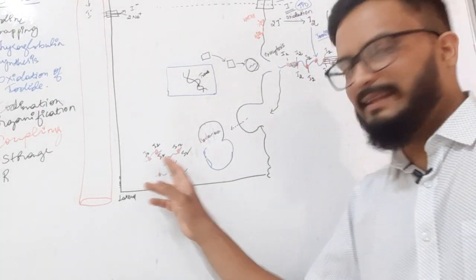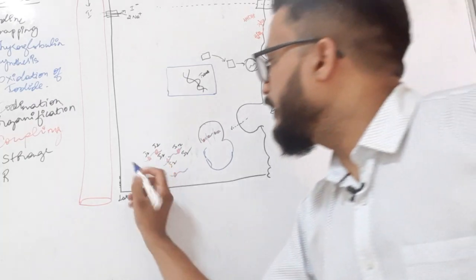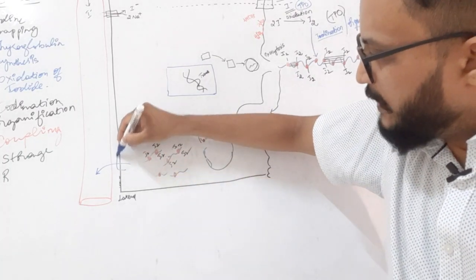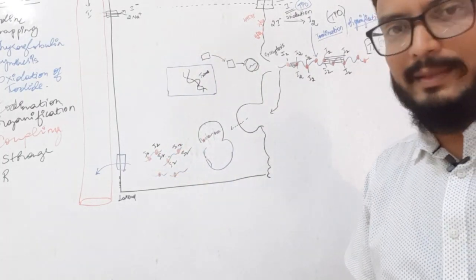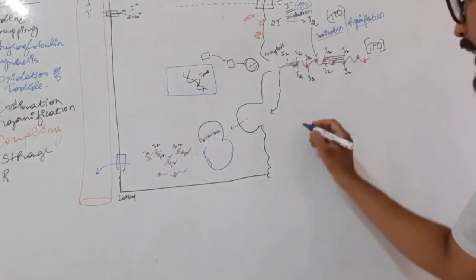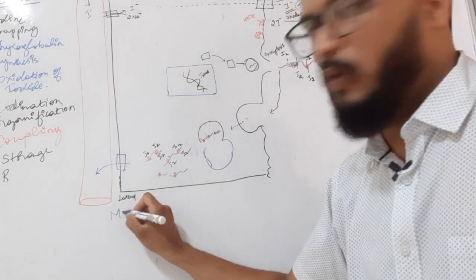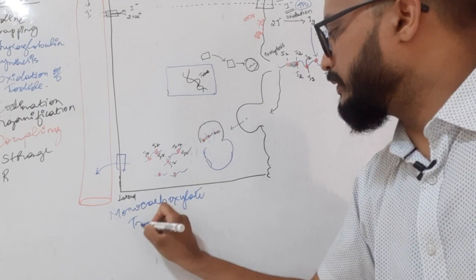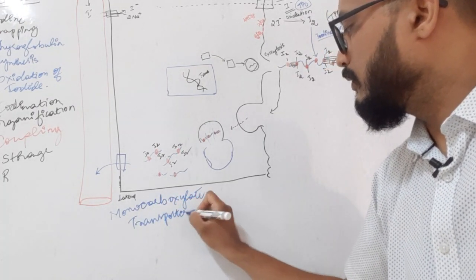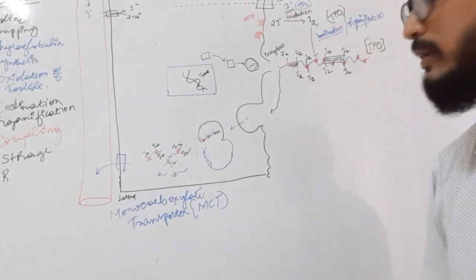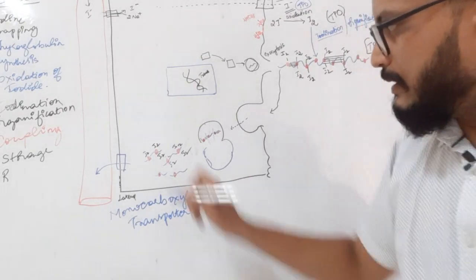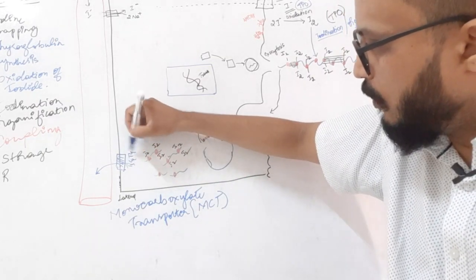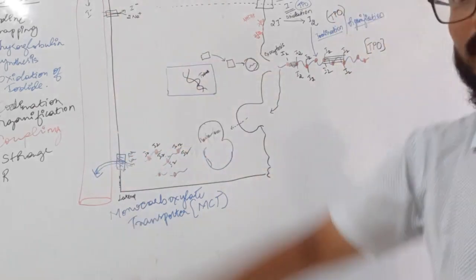The T3 and T4 that are produced will come out to the blood circulation. We have a specialized transporter present on the basal surface, referred to as the monocarboxylate transporter, MCT family, through which T3 and T4 move out into the blood circulation.